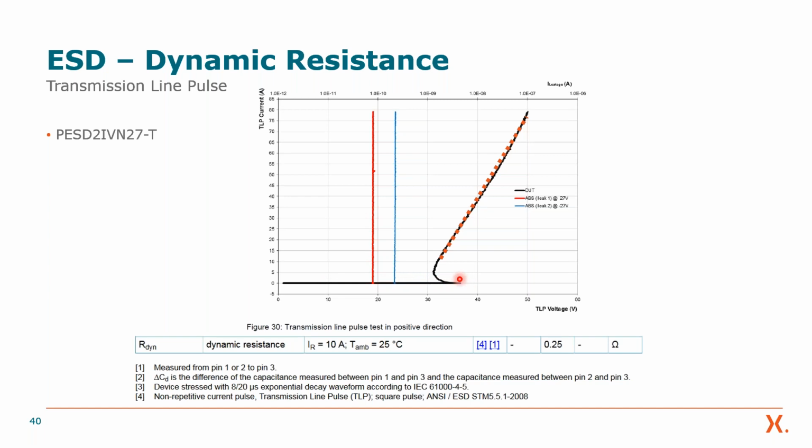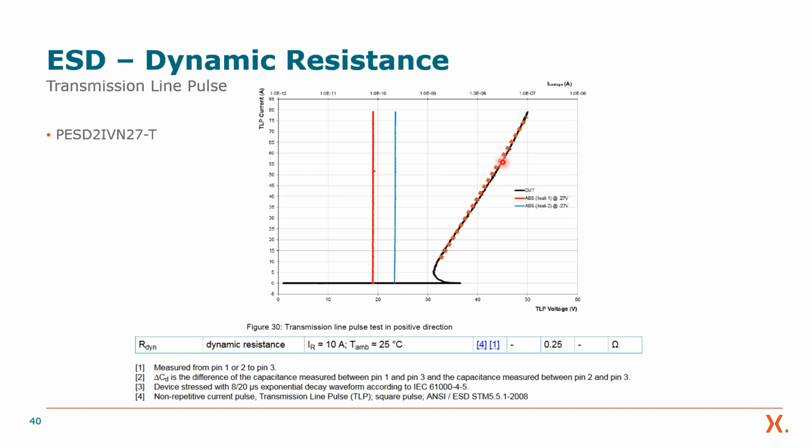Nothing is happening. If you exceed a certain trigger voltage, the device is activated. It's snapping down a bit, and then the curve becomes rather linear. And this linear slope is the dynamic resistance. So the steeper the curve is, the better the device is.